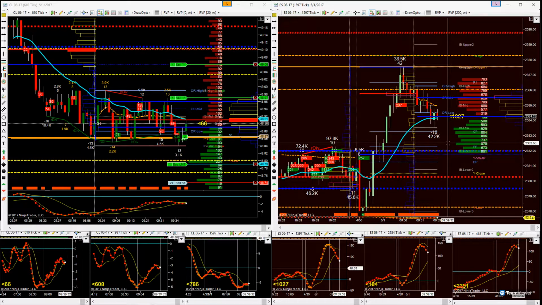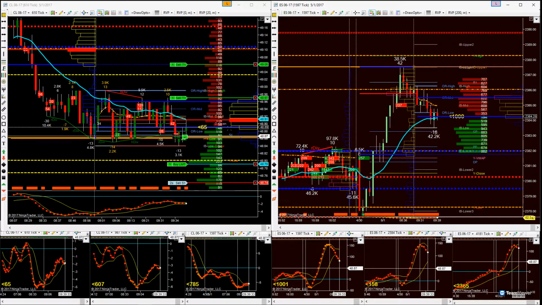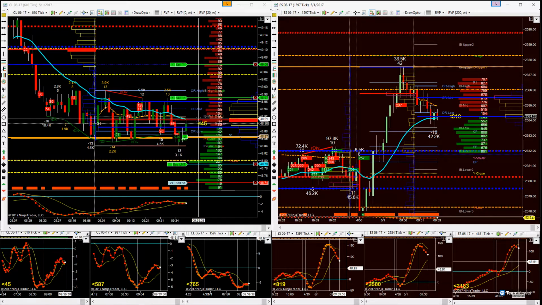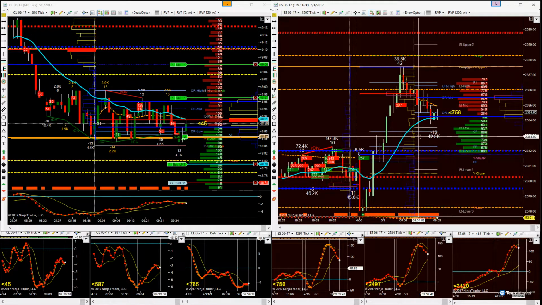But right there was an attempt by buyers. Sellers immediately stepped right back in oil. It came up to VWAP, and VWAP held as resistance. And we're in such a tight range right now.